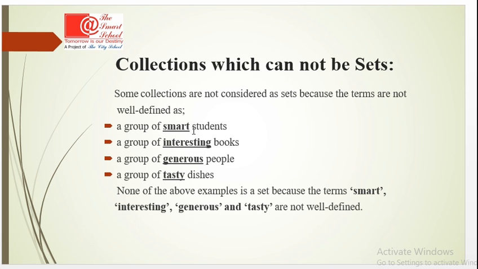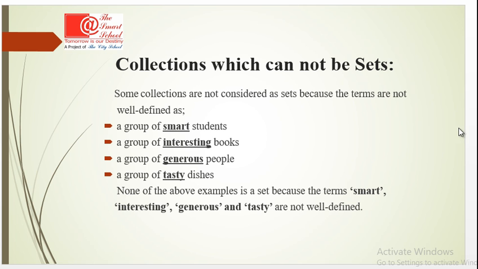Now see the terms which are given here: smart, interesting, generous and tasty. All of these properties are not measured. We cannot measure smartness, interesting things, generosity, or even tasty dishes.